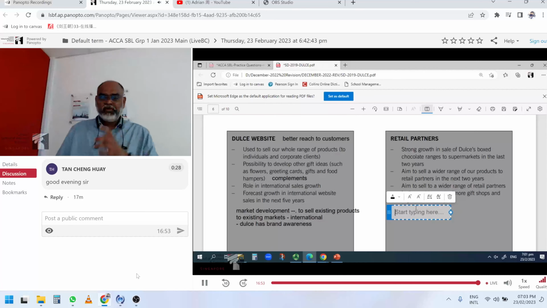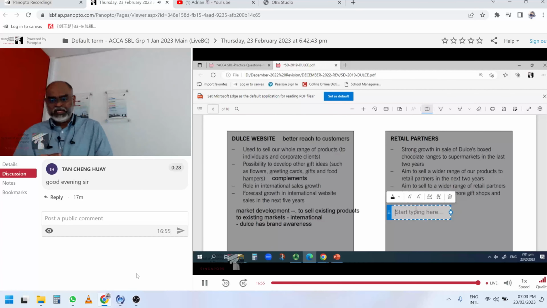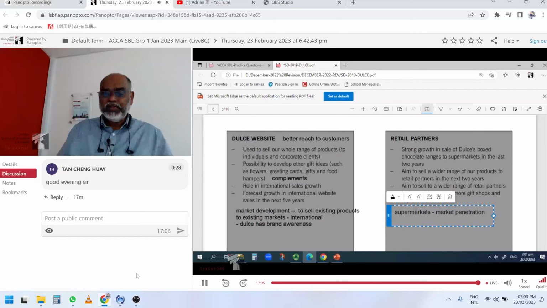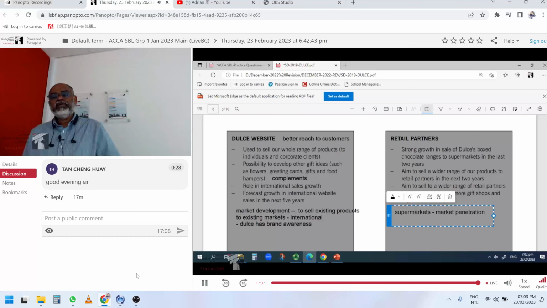Is the third slide, retail partners. Strong growth in Dulce's box chocolate ranges to supermarket in the last 2 years. So if we use supermarkets, we are still doing market penetration. We aim to sell wider range of products to retail partners in the next 2 years, right?